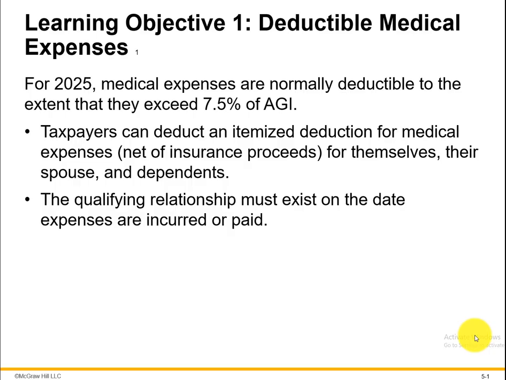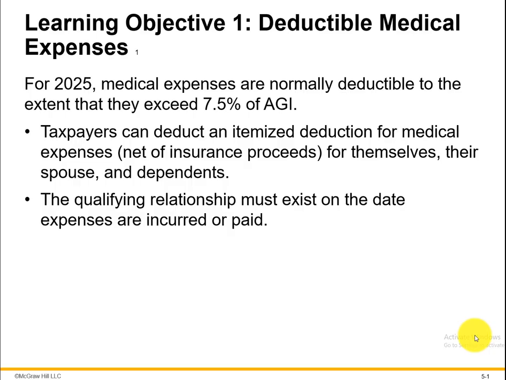Discussing the PowerPoint slides from chapter 5. We're going to run through the itemized deductions as they appear in the same order as they appear on the Schedule A. You can check that out in Exhibit 5.1 on the second page of chapter 5 in your textbook.